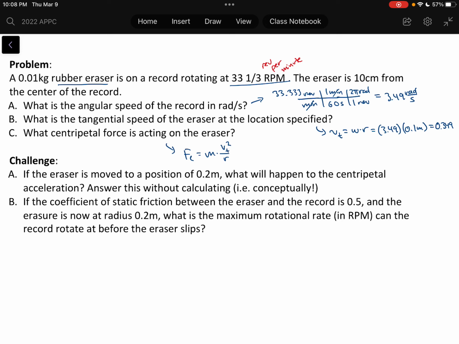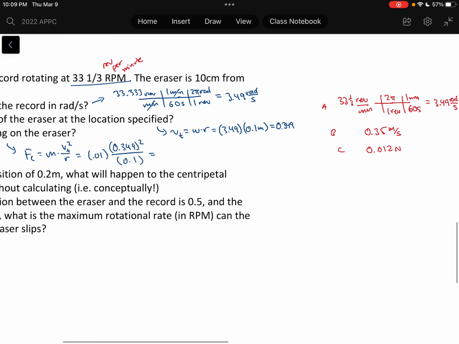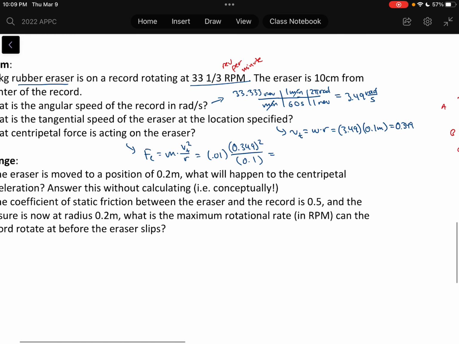Sorry, vt for tangential velocity. We've got all these numbers, so this is pretty straightforward. If we do that, we get a teensy tiny little number of 0.012 newtons, so a very small amount of force.